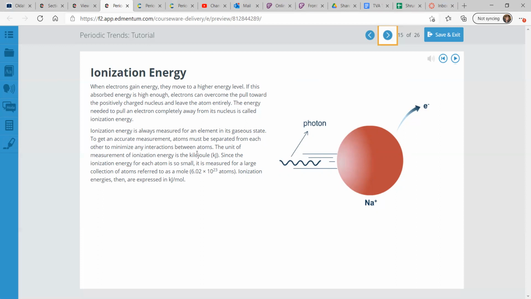It's kind of like saying, instead of saying I have 100 pennies, you can say I have $1, because 100 pennies is equal to $1. Ionization energies then are expressed as kilojoules per mole. So kilojoules divided by a mole.